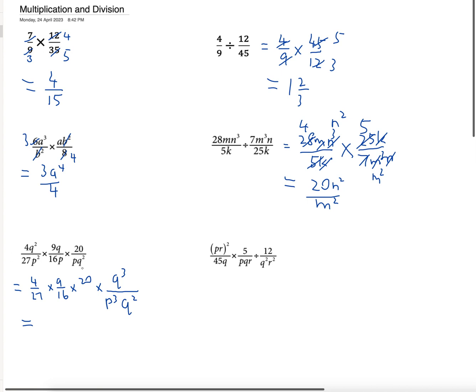Once we separate the numbers and the letters, it's easier to see whether we are cancelling all the numbers. This is cancelled, 3, this is cancelled, 4, and 4 is cancelled, 5. So this is a neater way of doing the working. So we have 5 over 3, and here we cancel, there's a q in the numerator, p cubed is still in the denominator.